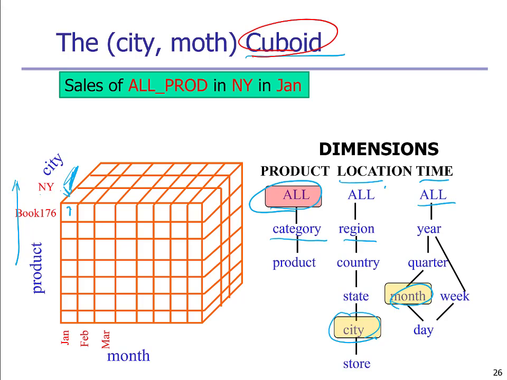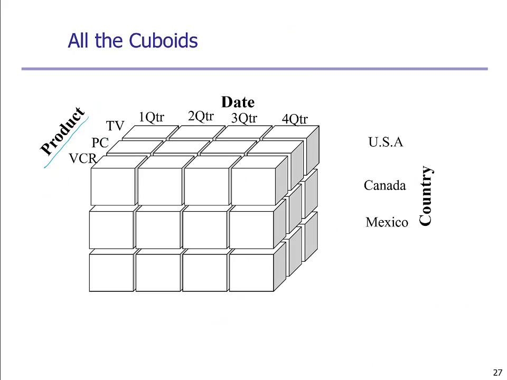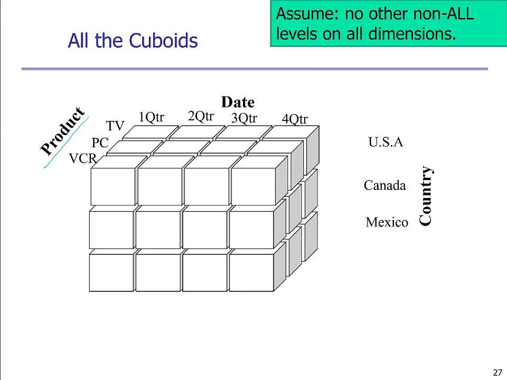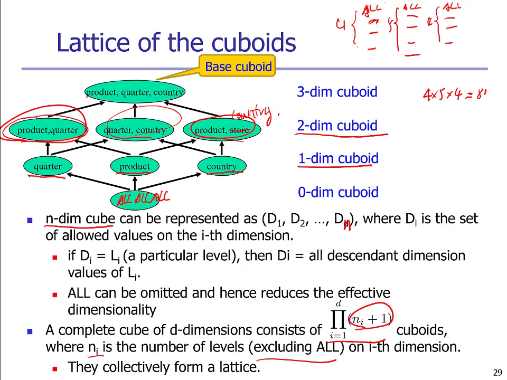Okay, and all is considered to be a special level, right? And with all these levels and all, we can have this kind of n-dimensional cube, as well as know how many cuboids we have. All right.